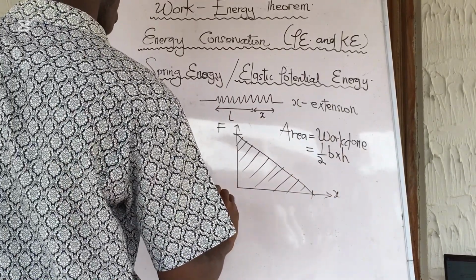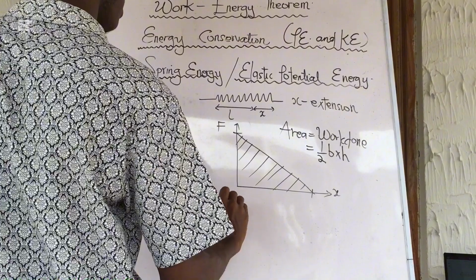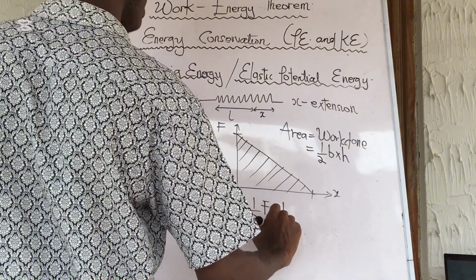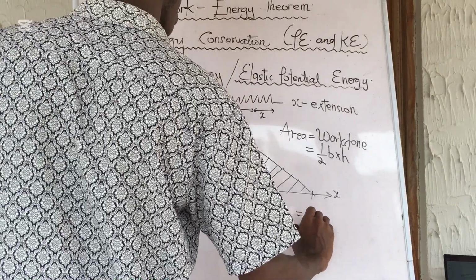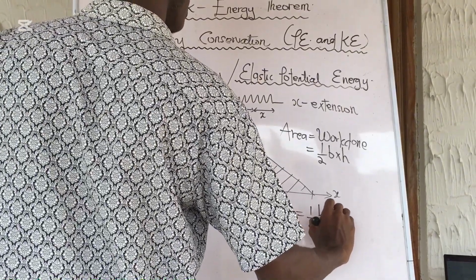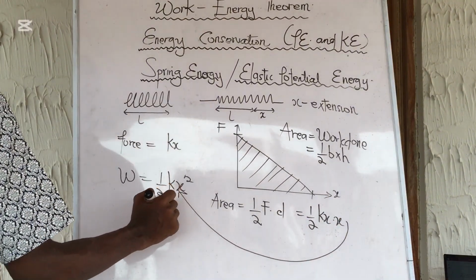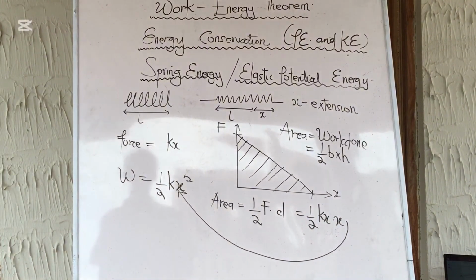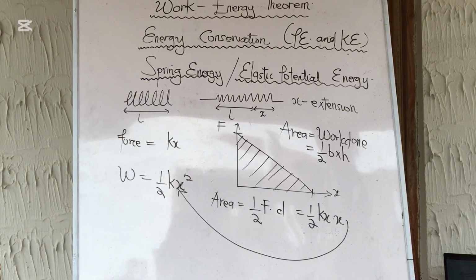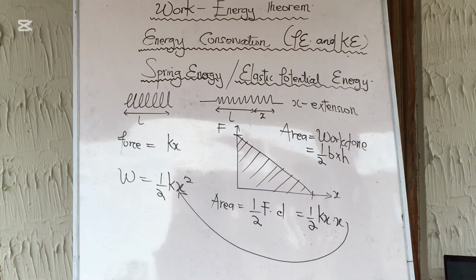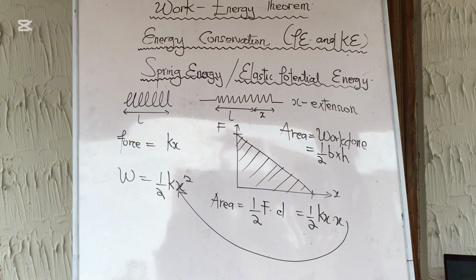Then our area will be equal to half times our force times our distance, which is the same thing as half kx times x. In other words, it will still bring you back to work done is equal to half kx squared. So this is the relation. Use it to find the work done by compressing or stretching a spring in an elastic material. Elastic material can be anything at all that can be stretched or can be compressed.